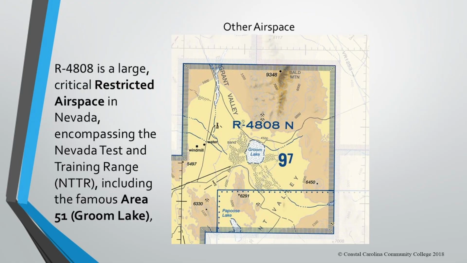Restricted airspace, blue hash marks with the name R and 3 or 4 digits. The pilot in command must find out if it's hot or cold. And you find that usually from the military station that controls that space. If hot, you will not get permission. If cold, you may get permission.